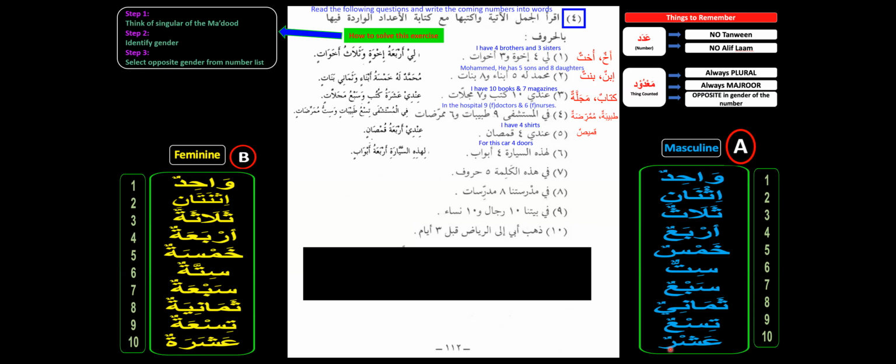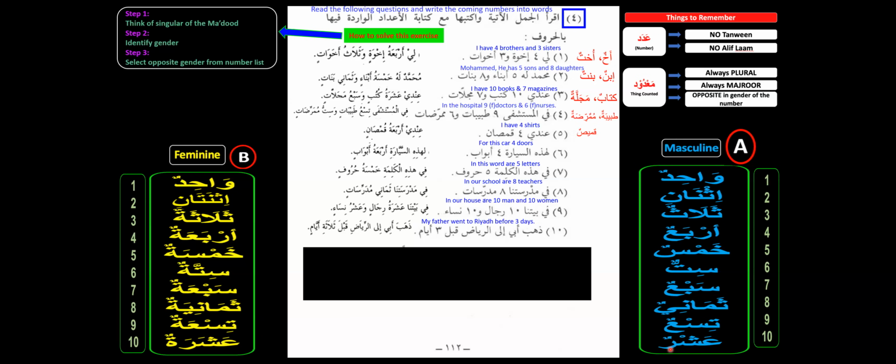So, number 6, لهذه السيارة أربعة أبواب. في هذه الكلمة 5 حروف. في مدرستنا 8 مدرسات. في بيتنا 10 رجال و10 نساء. ذهب أبي إلى الرياض قبل 3 أيام. The last sentence, what kind of sentence is that, sisters?